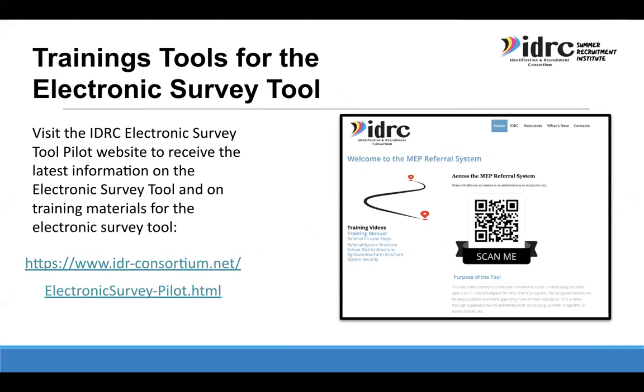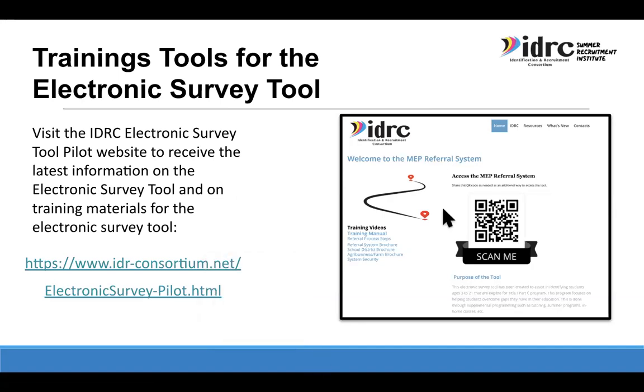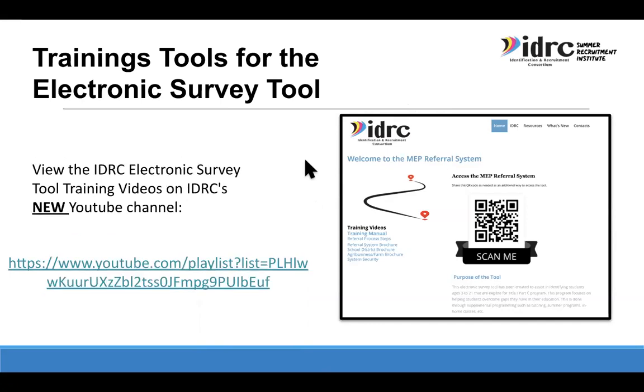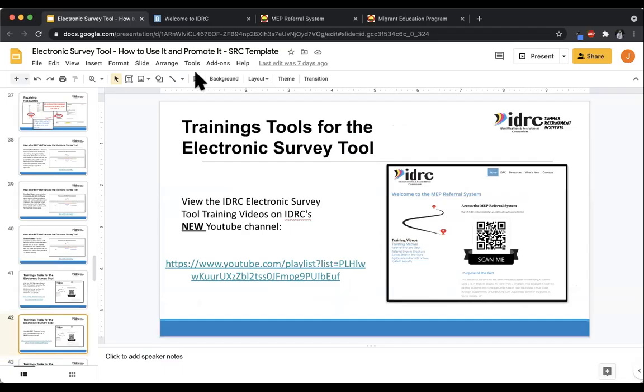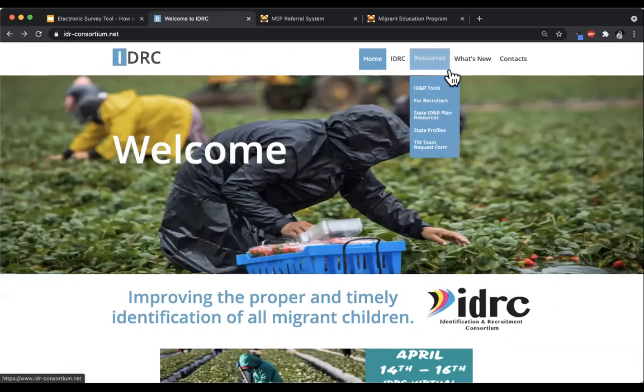We do have a lot of training materials available for the electronic survey tool from the IDRC website. To access that, you can go to the link, which I'm posting in chat now, which is the electronic survey tool pilot page, or from the IDRC website homepage, which again is just idr-consortium.net.